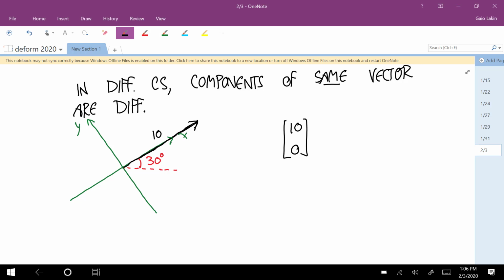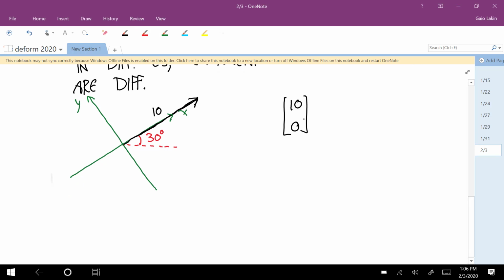And so the idea of a rotation matrix, I mean, this we just did by sort of reasoning it out.